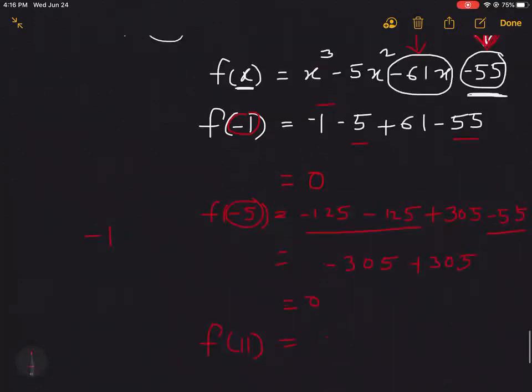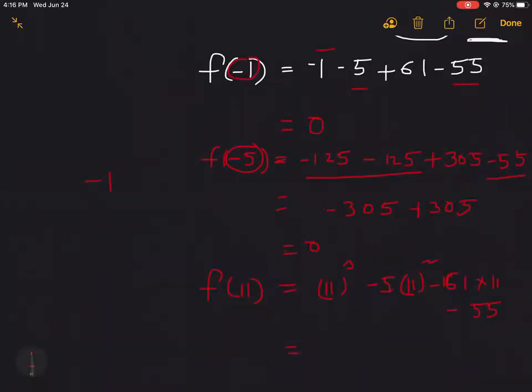Let's see what happens. So 11 cubed minus 5 times 11 squared minus 61 times 11 and minus 55.